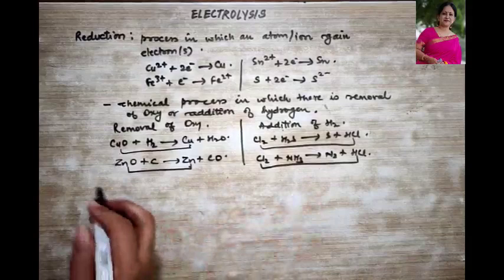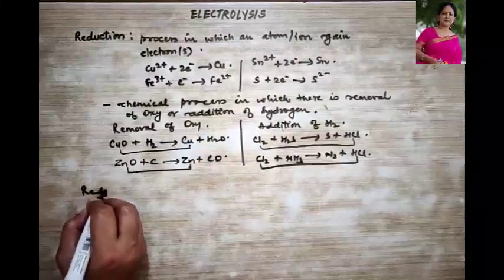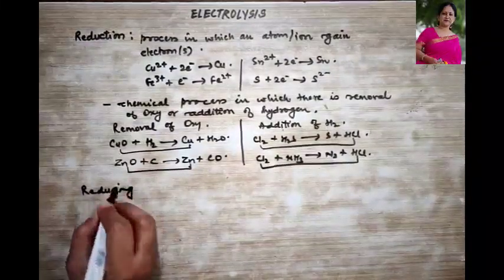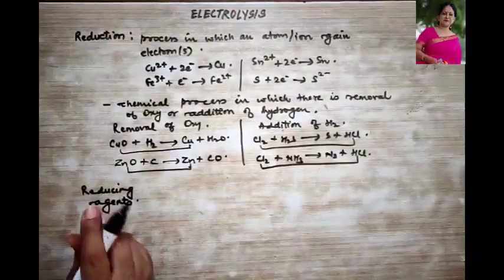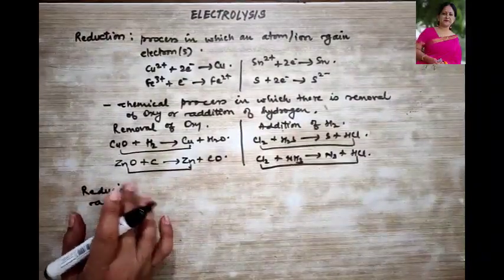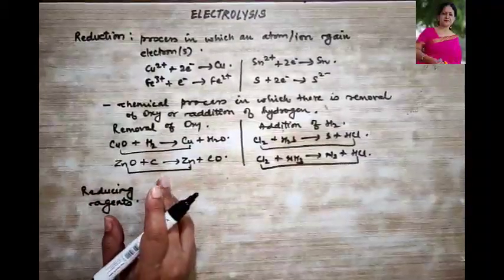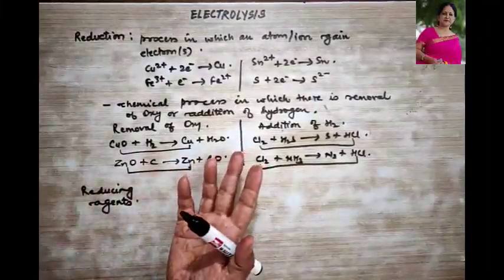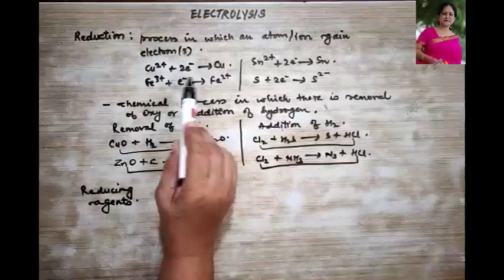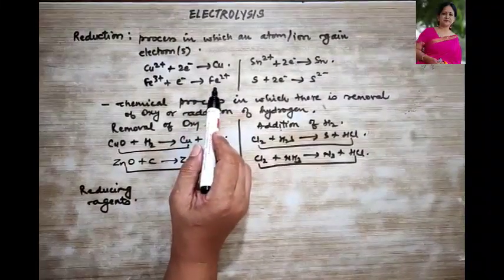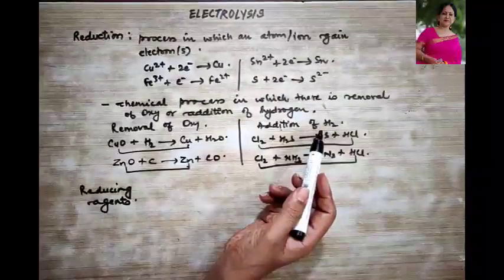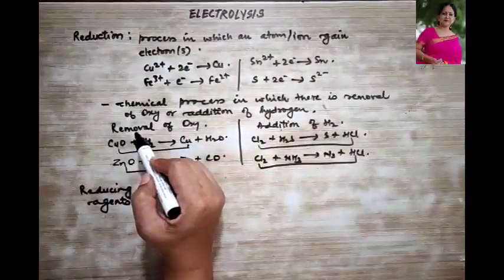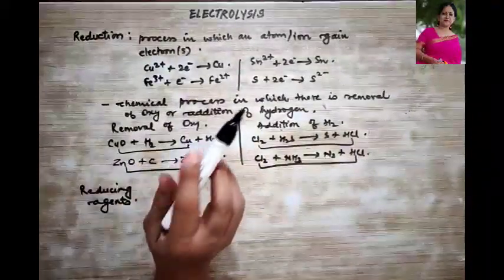Okay, now coming to reducing agents. What are reducing agents? Reducing agents are the ones that reduce other substances by either providing them electrons, or by providing hydrogen or an electropositive ion, or by removing oxygen or an electronegative ion.